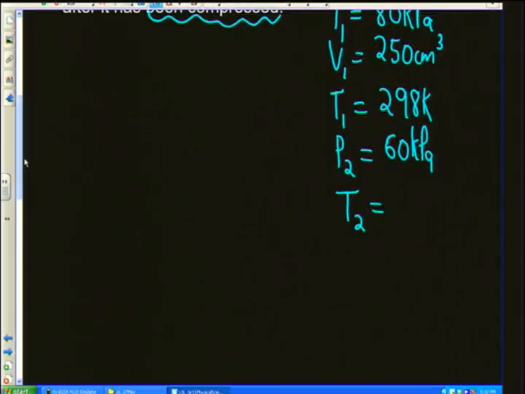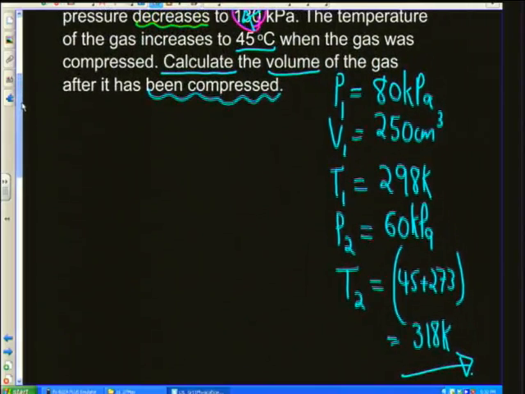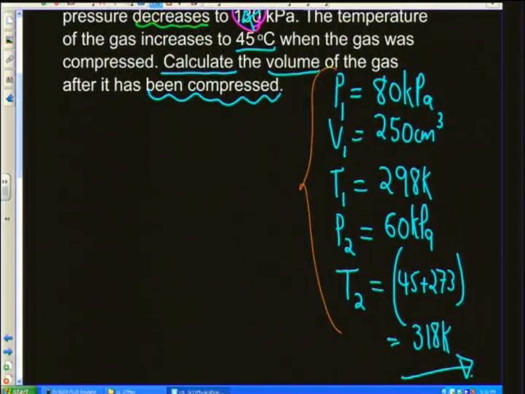That will be 45 plus 273, which gives you 318 Kelvin. From there, we can work out our problem. If you look at what you have here, you can think of what law you are going to use. Let's just quickly have a look at it.